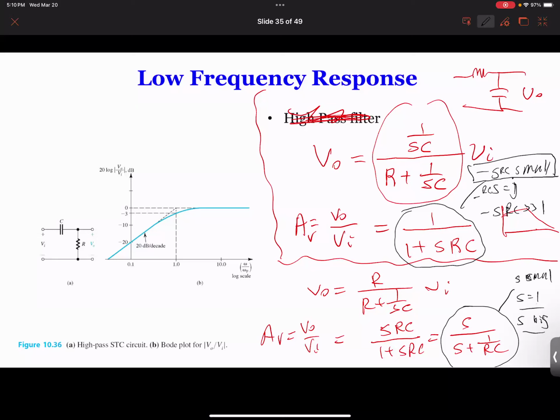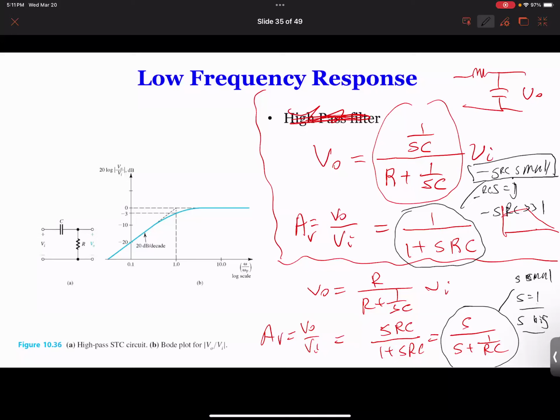You see what happens when S is small? When S is small, we can neglect this, right? Because it's small in comparison to this one. But can you neglect this one? Can you say it's small? Why not?